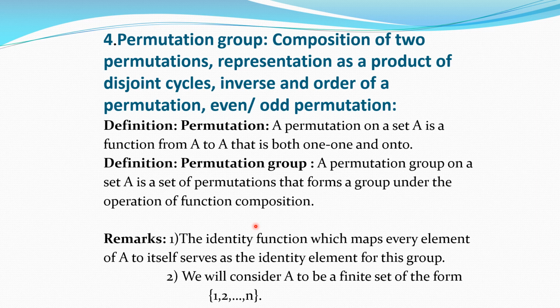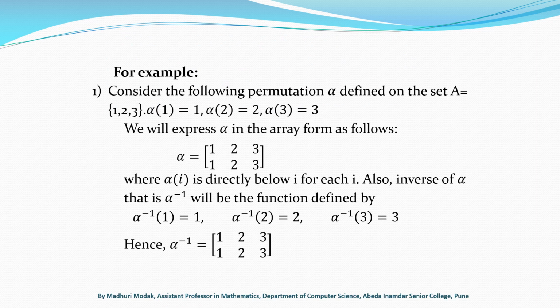Now, see some remarks. The identity function, which maps every element of A to itself, serves as the identity element for this group. So, remember in permutation group, identity function acts as identity element. Now here we are considering A as a finite set of the form 1, 2, 3 up to n. Now see some permutations.